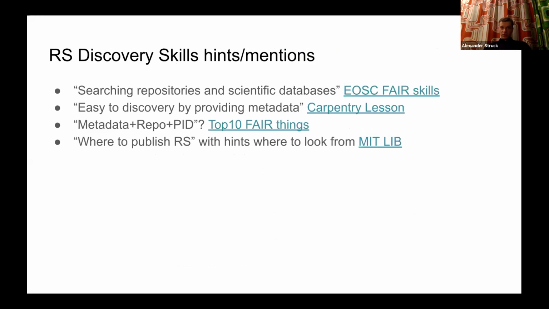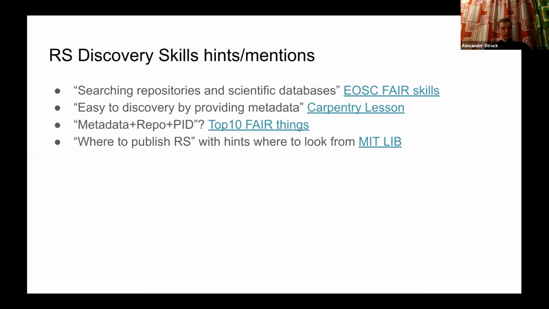What I found is that in terms of skill, the European Open Science Cloud Fair Skills initiative mentions that searching repositories and scientific databases may produce some results on software. The carpentry lessons mention that it would be easy to discover software by providing metadata.